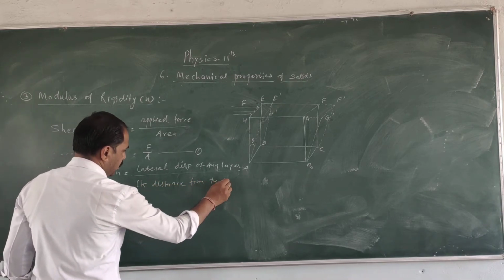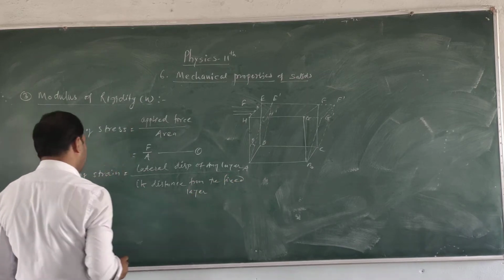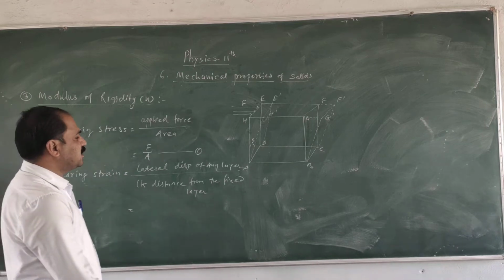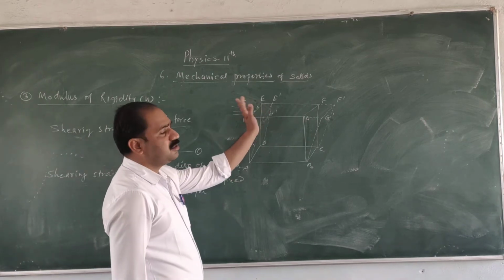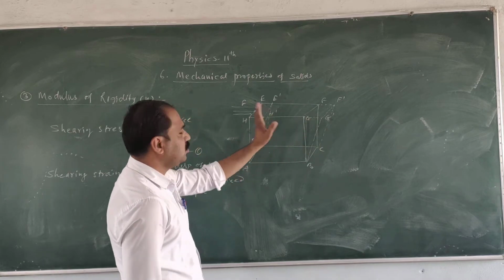This is the definition of the shearing strain. Lateral displacement of any layer means E to E dash, or F to F dash, or G to G dash, or H to H dash.